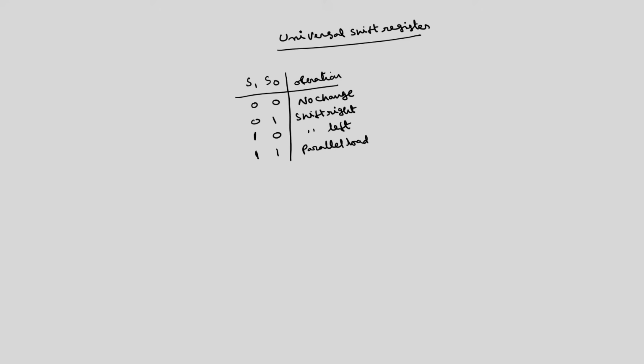Because we have 4 different operations and 2 control signals, I can use a 4 by 1 multiplexer. So, basically here I am going to use 4 by 1 multiplexers.